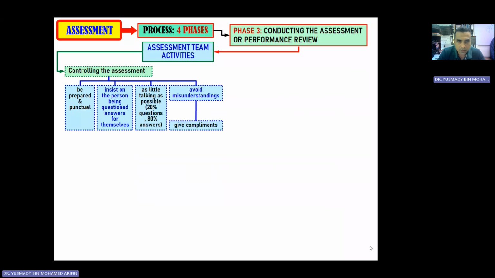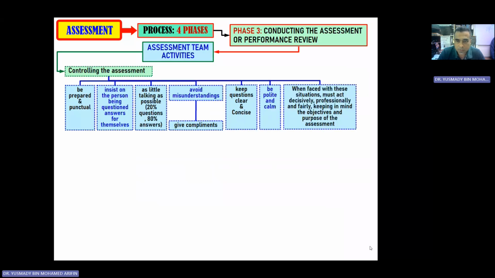Avoid misunderstanding, give compliments, keep questions clear and concise, be polite and calm. When faced with this situation, must act decisively, professionally, and fairly, keeping in mind the objective and the purpose of the assessment.